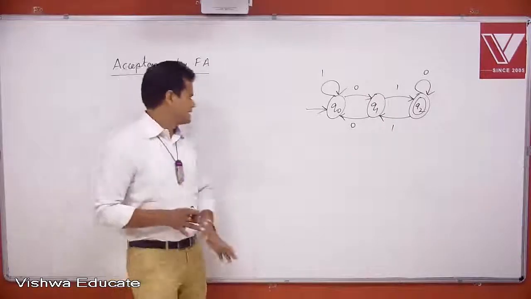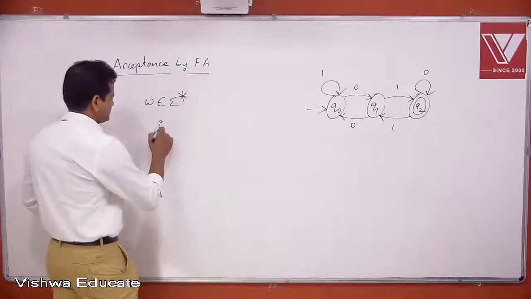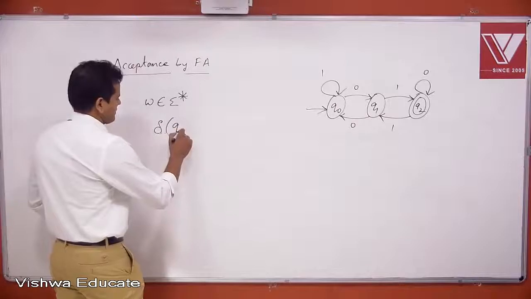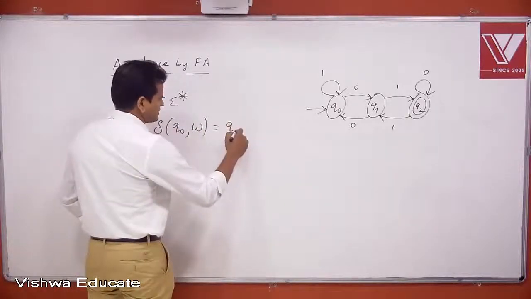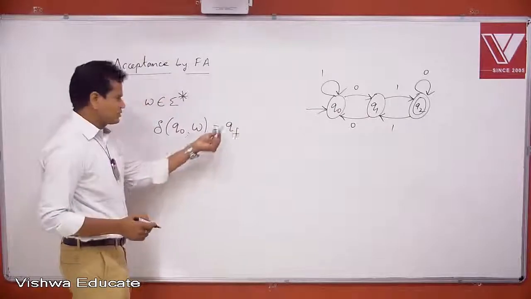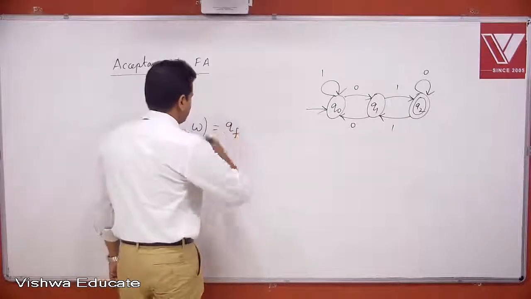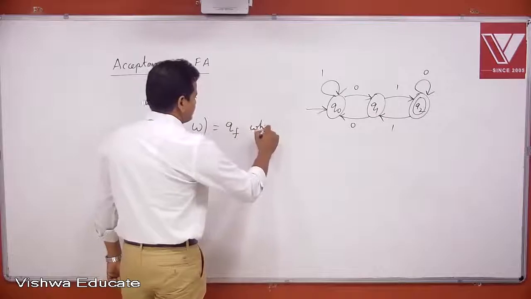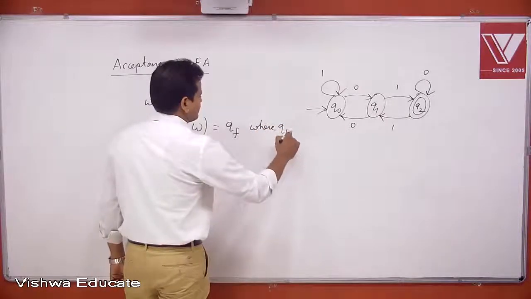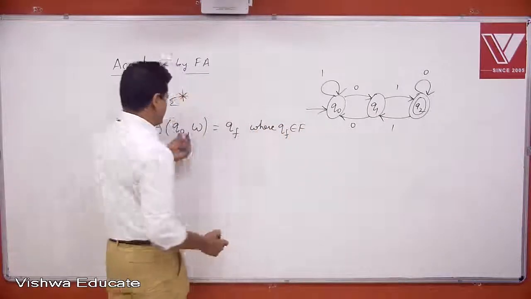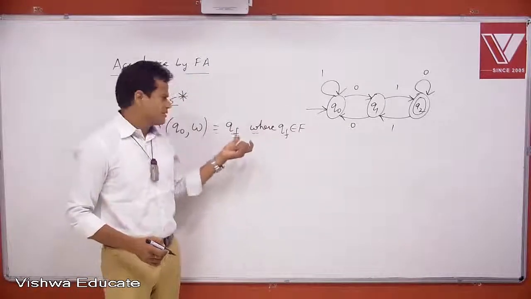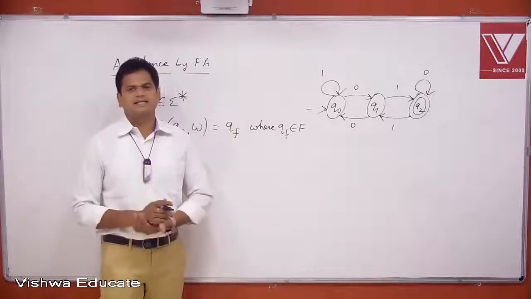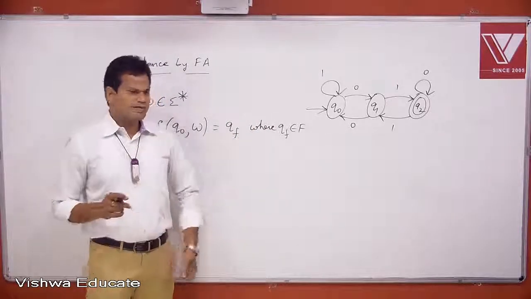So by starting at the initial state, which is Q naught, if the machine stops at a final state, QF, then what is QF here? QF is a final state. By starting at the initial state, if it stops in a final state, then we say that string is accepted. Here one more condition is there.